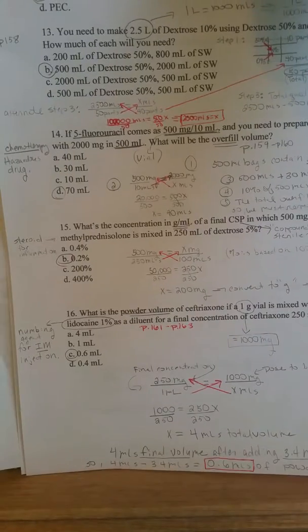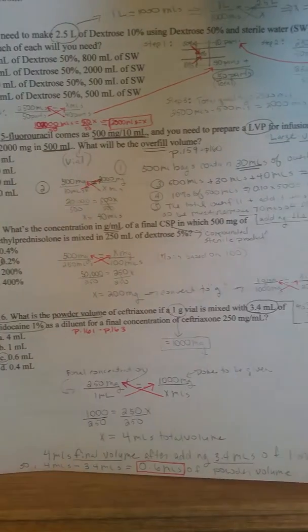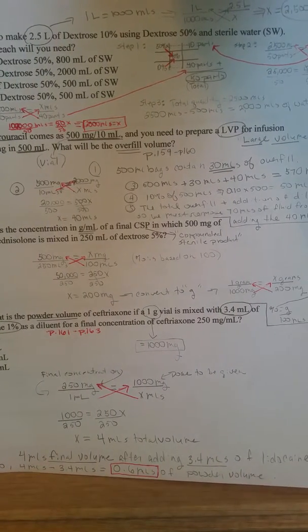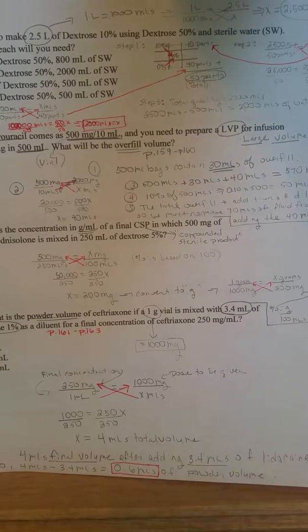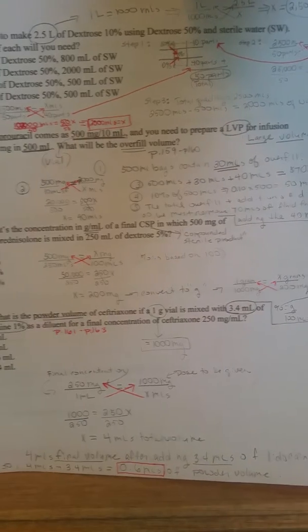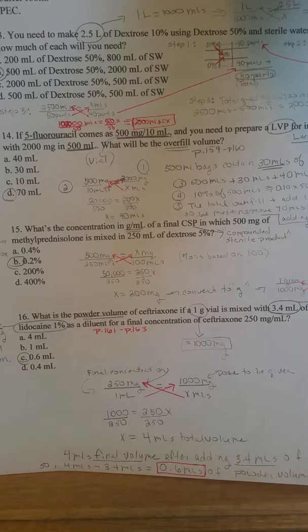Okay, so this is actually going to be on page 159 through 160. And if you look at that table, it's going to tell you that 500 mL bags contain 30 mLs of overfill.